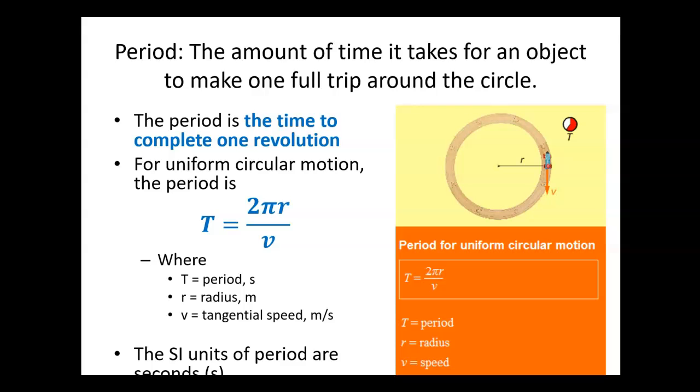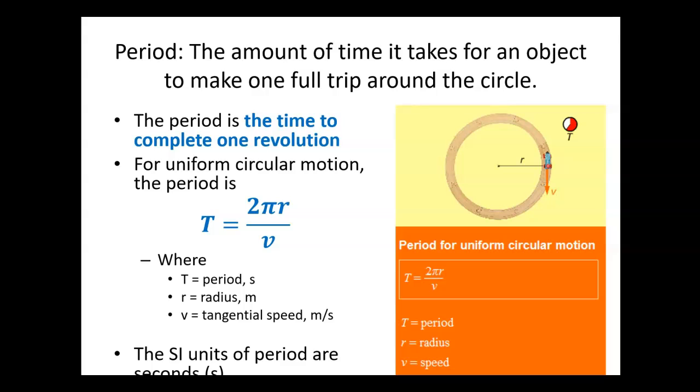So if you have something that's moving in a circle at a constant speed, the period is equal to 2 pi r divided by v. 2 pi r is referring to the circumference of the circle, so 2 times pi times the radius.